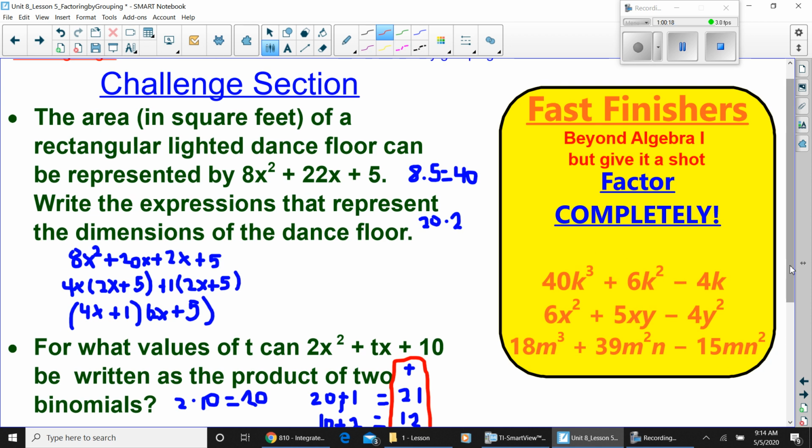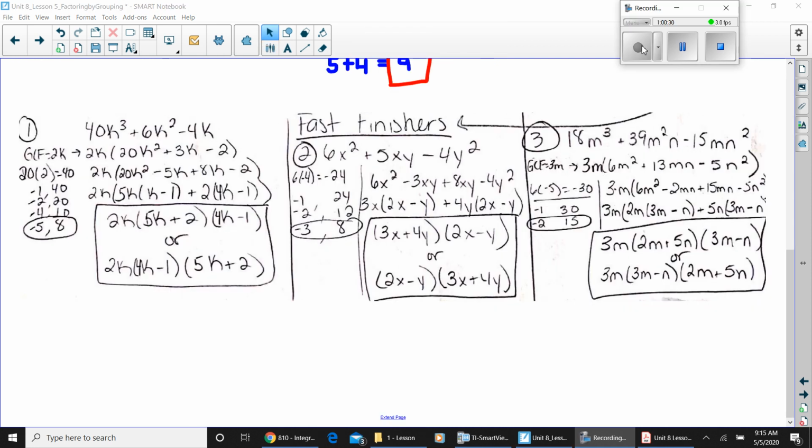So for the fast finishers, you can go ahead and do them if you would like. I'm going to post the answers. Just press pause now. So these are the answers. You could press pause and see if you were correct if you did try them.